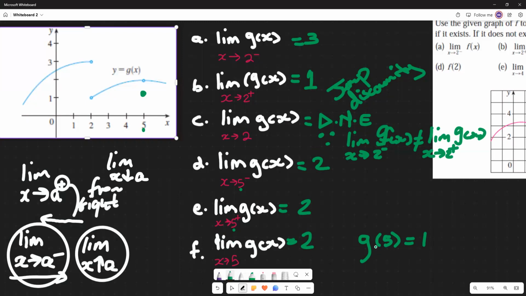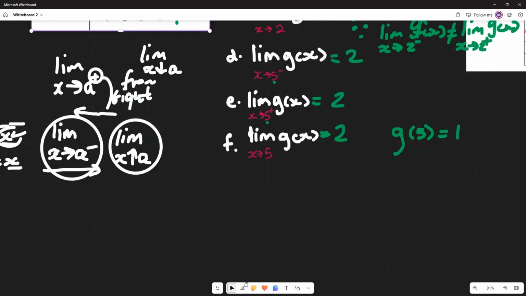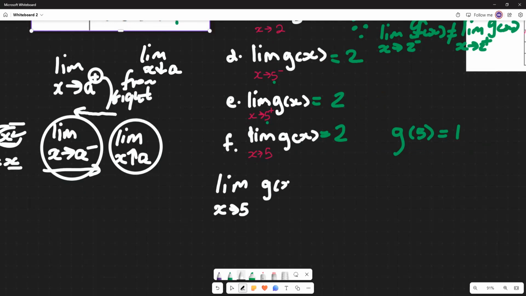I mean, the y value that is being approached is not the same as the y value at that point. I'm not sure if I make sense. This is what I mean, ladies and gentlemen. So I'm saying here, the limit as x approaches 5 of g of x is not the same as g at 5.